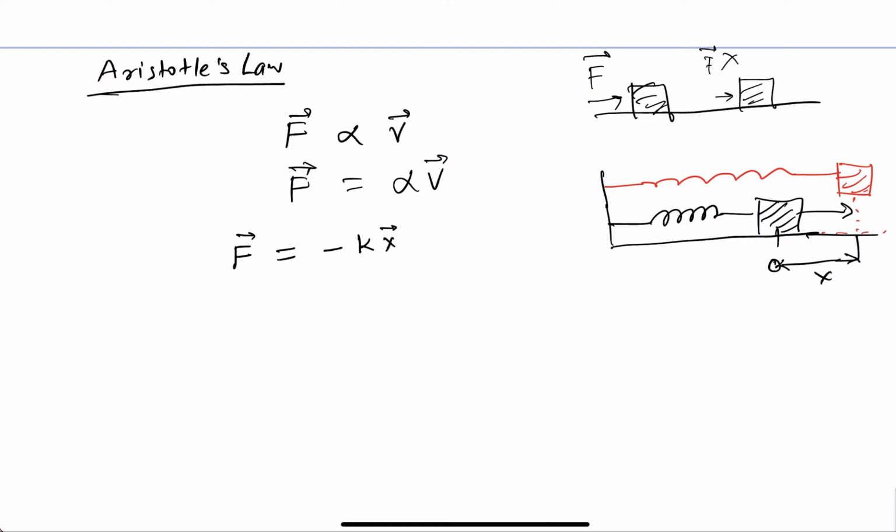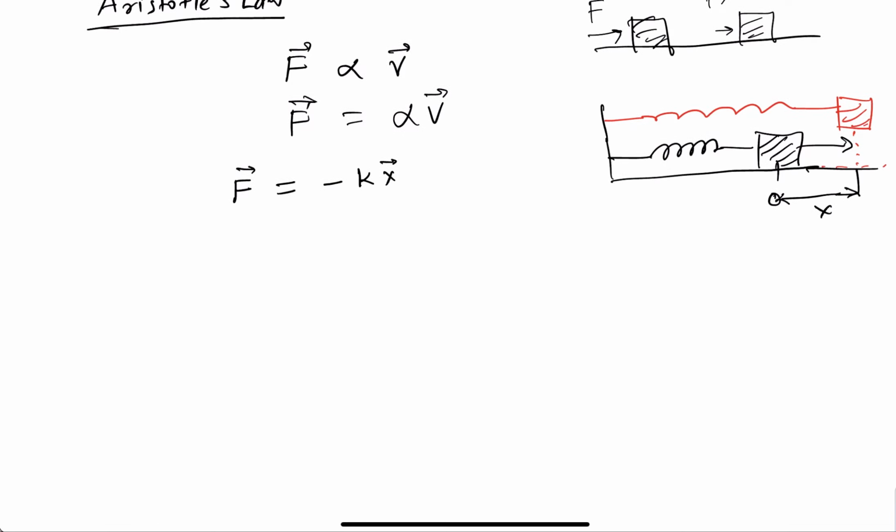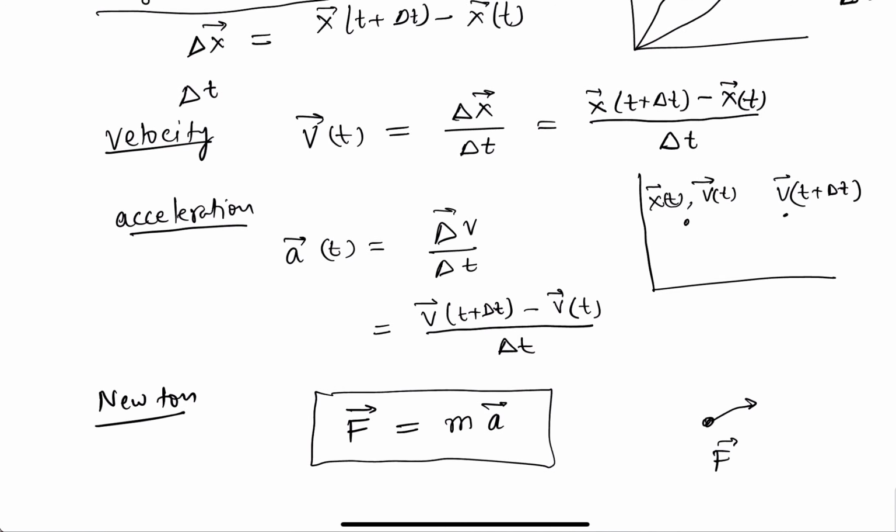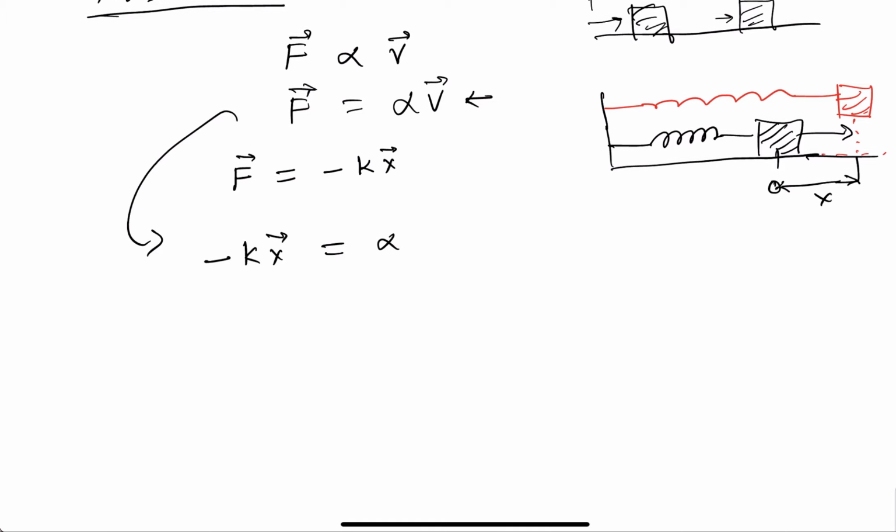So let's say, what is the consequence? What happens if we apply Aristotle's law with F equal to minus kx? If we rewrite this, we would have minus kx equal to alpha times velocity. And velocity, as we defined earlier, was the change in position by change in time, which is delta x over delta t.